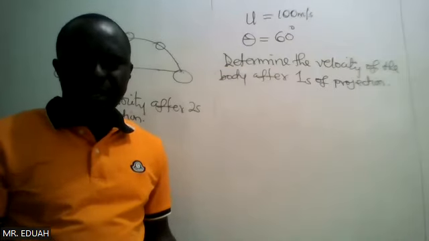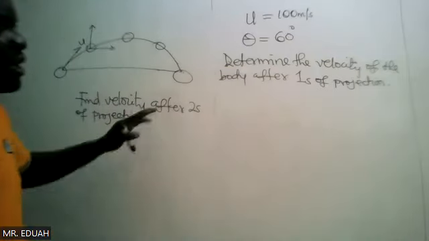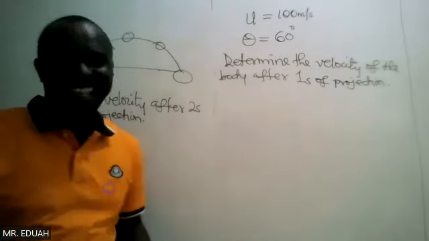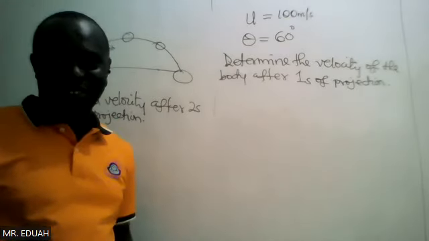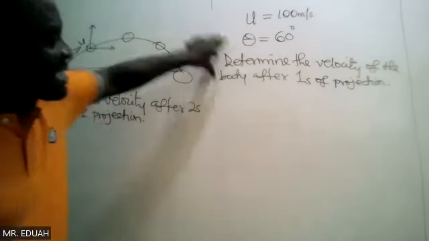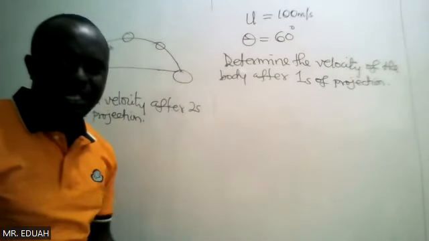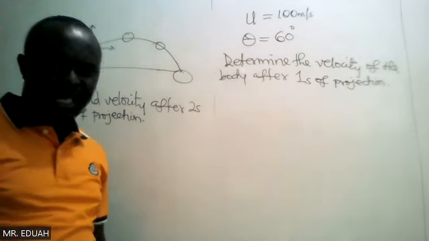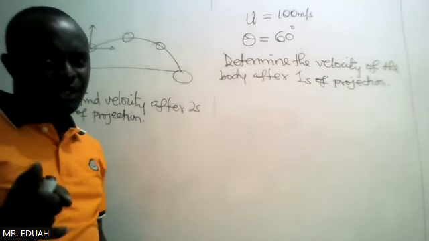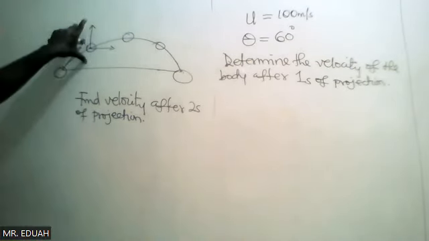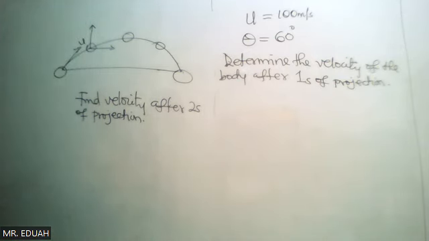If you are clear, then solve the question. The statement is not so clear. Is it the vertical velocity? Is it the horizontal velocity? This is where the issue is. Okay.